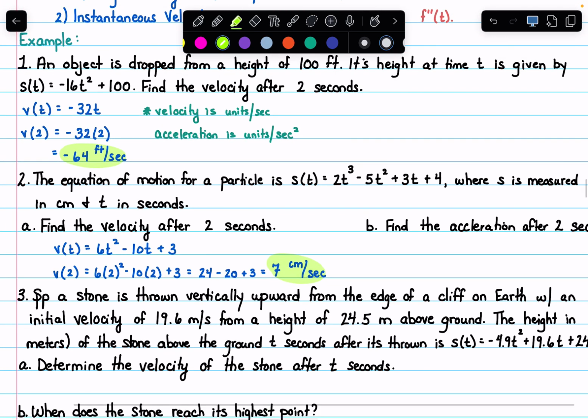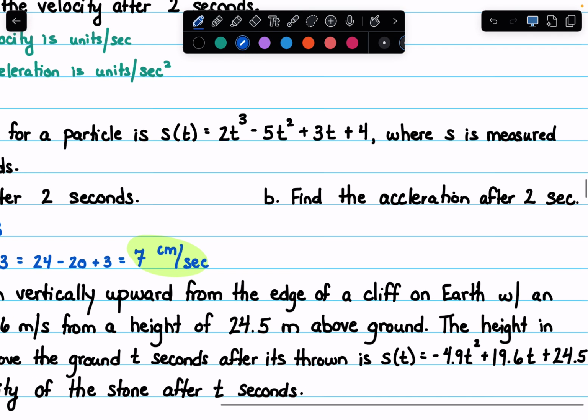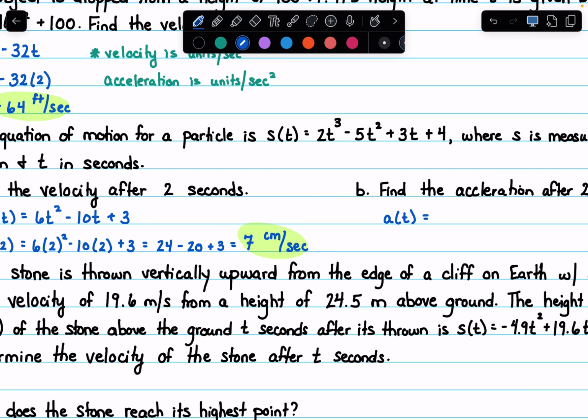Then it says find the acceleration after 2 seconds. So what are we going to do? Do the second derivative. So we're going to go over here and take the derivative of this guy, right? So we'll do the acceleration. Okay, so what's the second derivative of that over there on the left? 12t minus 10.